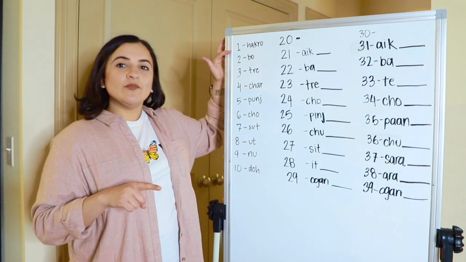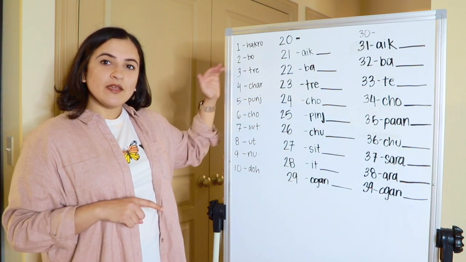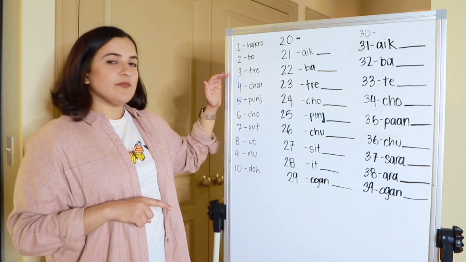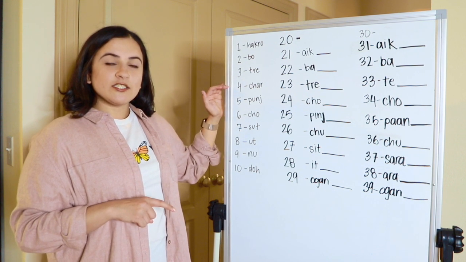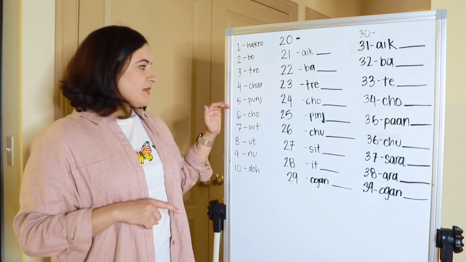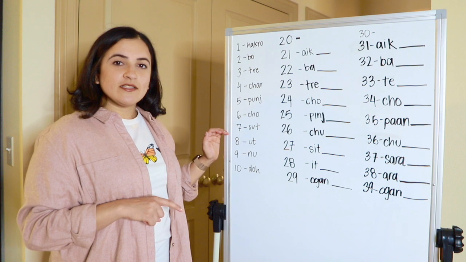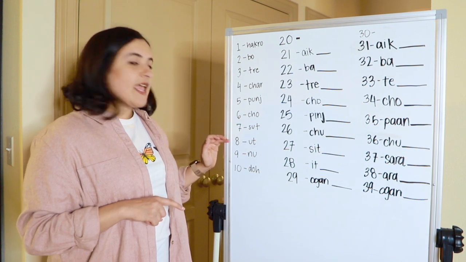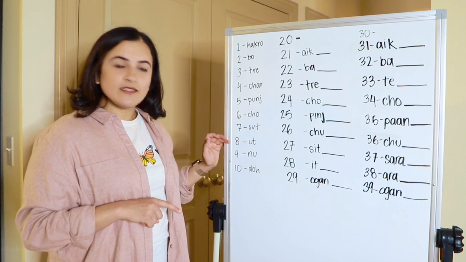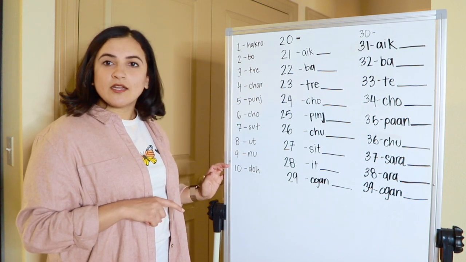So we have 1, hakuro, 2, bo, 3, tre, 4, jar, 5, bunj, 6, cho, 7, set, 8, at, 9, nu, and 10, do.